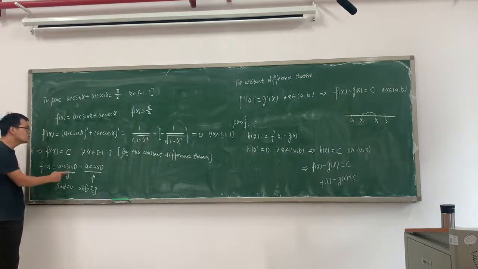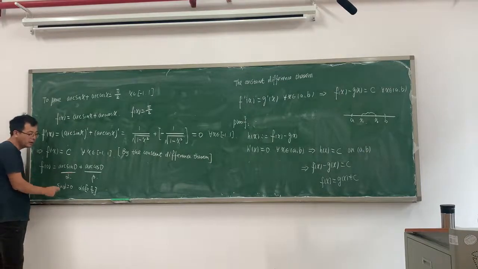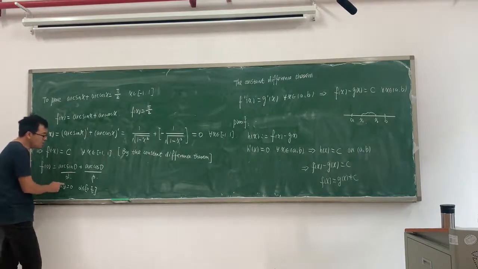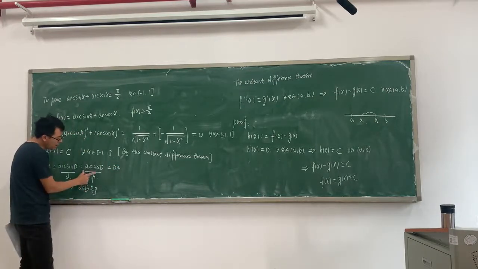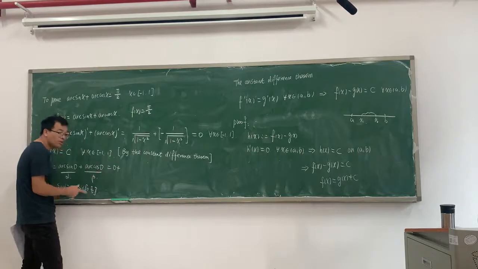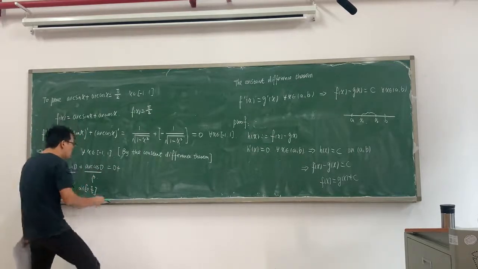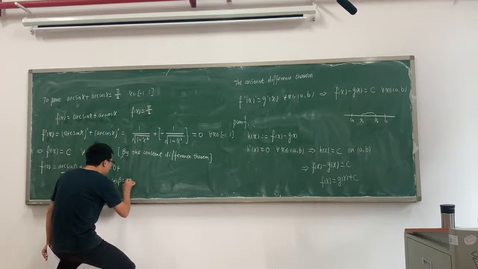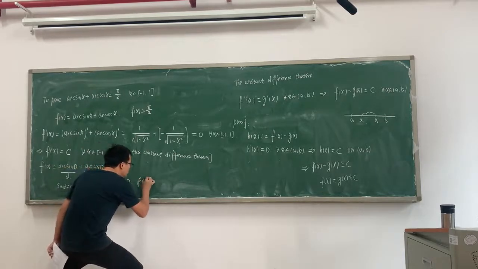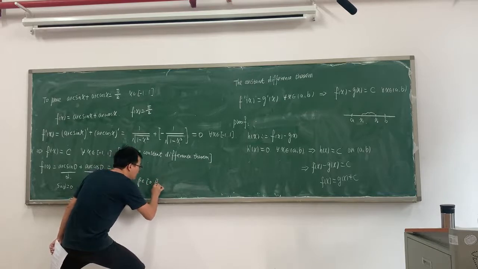Sin 0, so alpha equals 0. So here this is 0 plus arccos 0, which equals beta. So actually cosine beta equals 0, with beta in 0 to 1/2 pi.